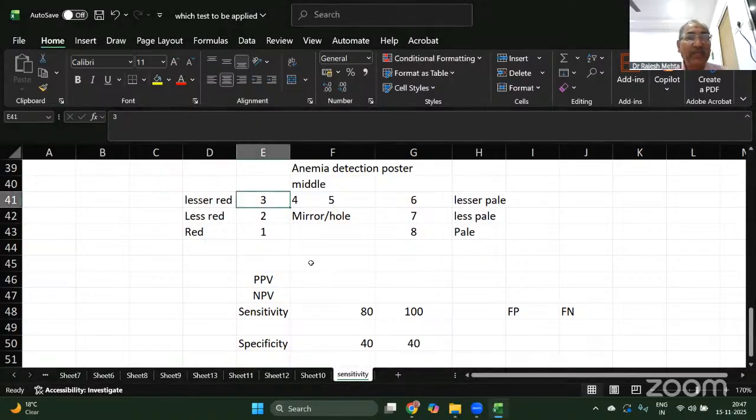So, as far as specificity is concerned, if you take 6 and onwards as anemia, you are less likely to overdiagnose. But if you take 3 onward as all anemia, then 3 and 4 may not have anemia and you are overdiagnosing.